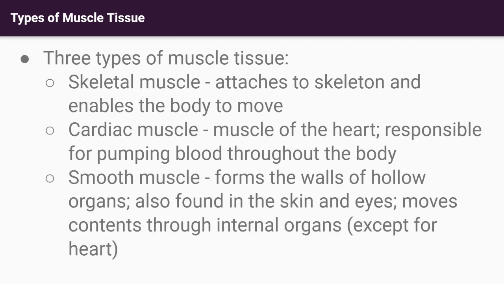Our last type is called smooth muscle. Smooth muscle is found in the walls of our organs. And then you see a couple other areas like in the skin and our eyes. These muscles have no conscious control. They're involuntary. So think about digestion. When you eat, you swallow something, it goes to your stomach, and then it goes from there to your small intestine, then to your large intestine.